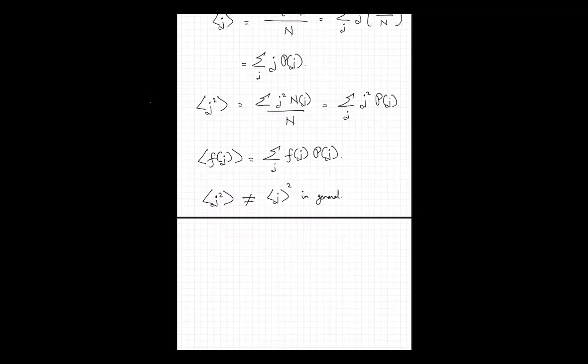Now, usually we are happy to think of this average quantity as a very good measure of the kinds of population we have. Suppose we have a random collection of people and I ask what is the average age.